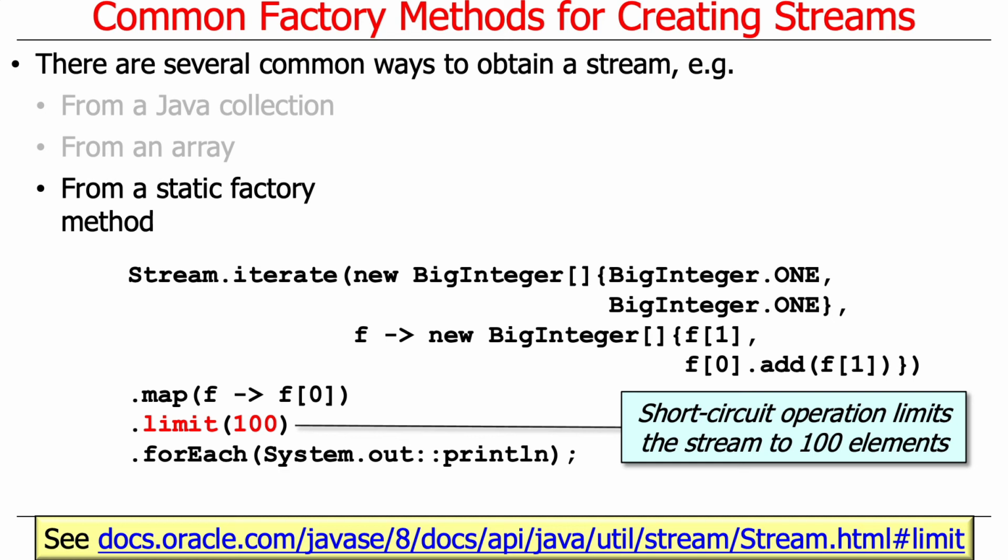Great question. So remember I said before how the operations actually go from top to bottom, left to right. In a sequential program, it's easy. It just keeps pulling things down until the number of elements that have been processed equals the parameter passed in to limit. In parallel processing, it's more complicated because they have to keep track across all the different threads that are going on to make sure they stop after the first 100 elements.